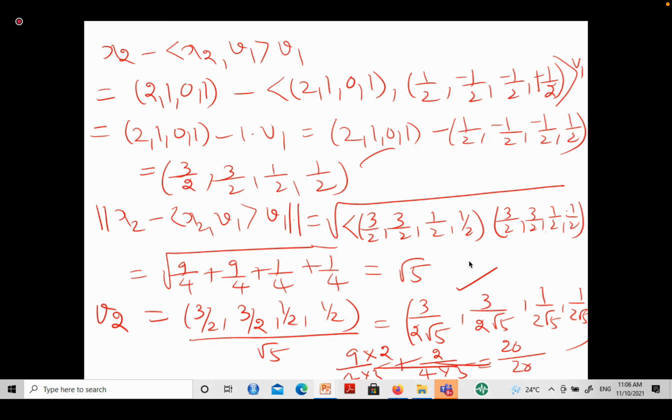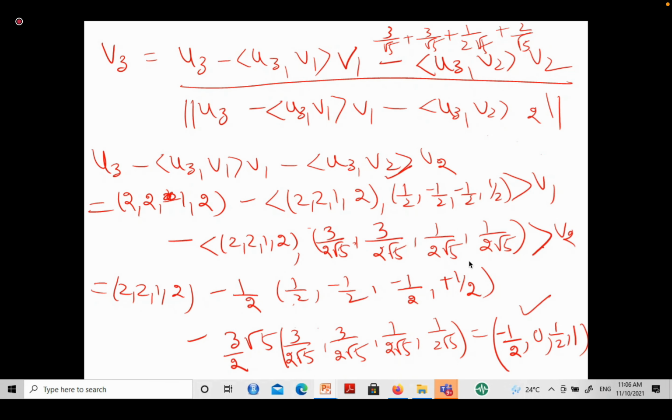But for V3 it is not turning out to be 1. Ma'am, last one should be 3 by 2, I think. Better check whether this is 3 by 2. I'll do it once. 2 minus 1 by 4, minus 3 by 4.